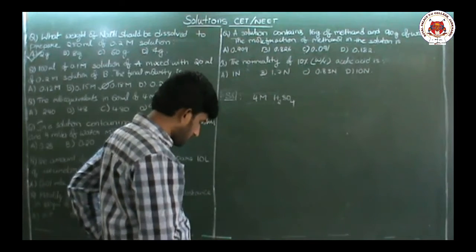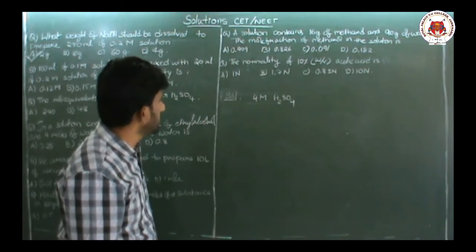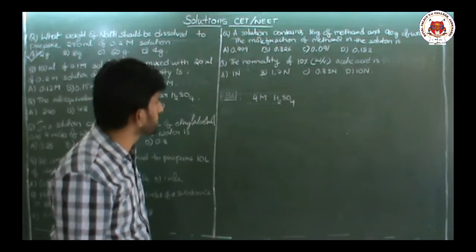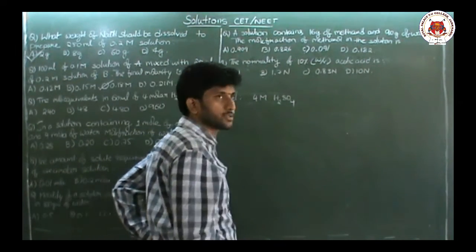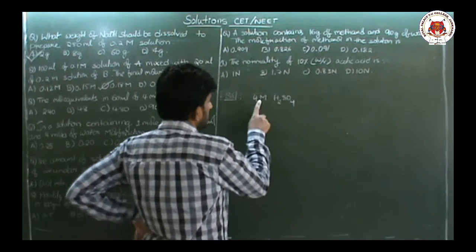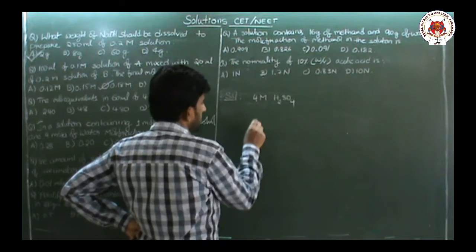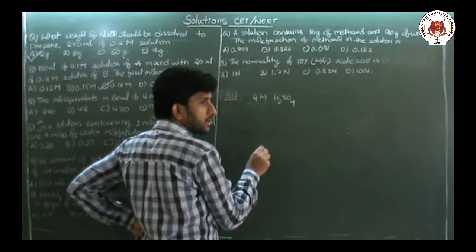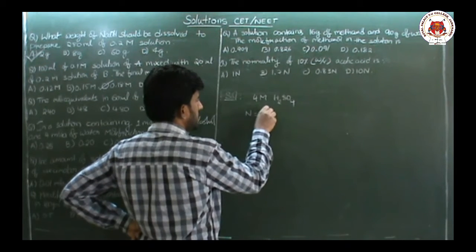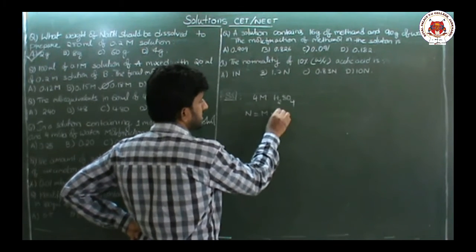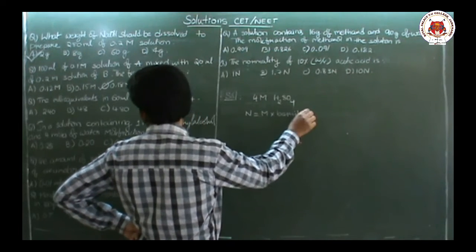First of all, to know the gram equivalents, we should know the normality. Here, to convert molarity into normality, normality is equal to molarity into, for acid, basicity.